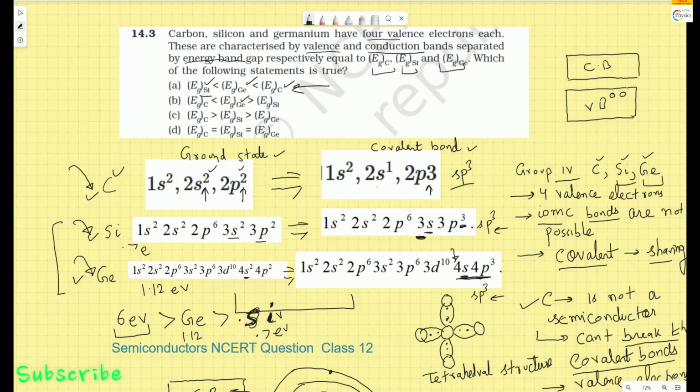So the holes are created here in the valence band, and the electrons jump to the conduction band, and you will see a lot of electrons here. This is the electron-hole formation, and the band gap is very small for a semiconductor, approximately 1 electron volt.